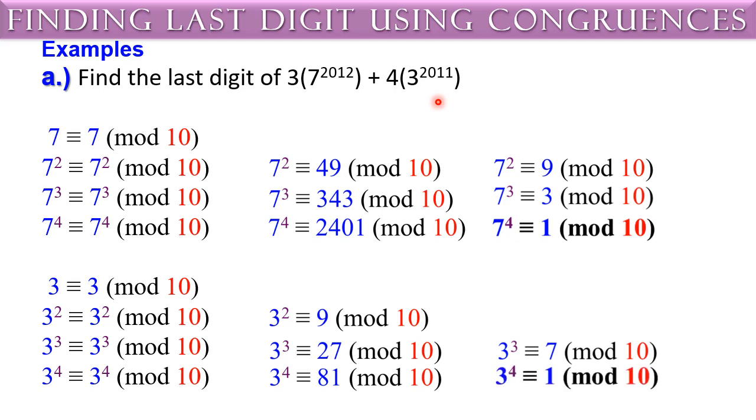Simplifying it, we will have 3 to the 4th is congruent to 1 modulo 10. Since we have a residue of 1 when 3 to the 4th is divided by 10, this is the fact that we are going to use to be able to solve our problem. Let's proceed to the next slide to be able to solve our problem.